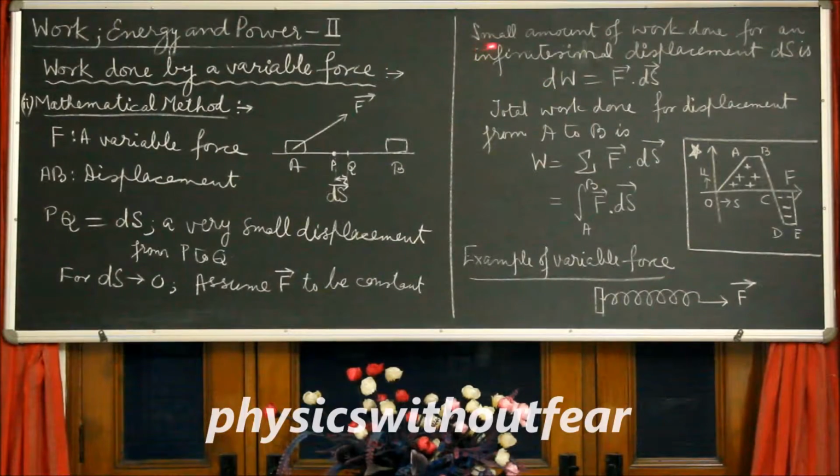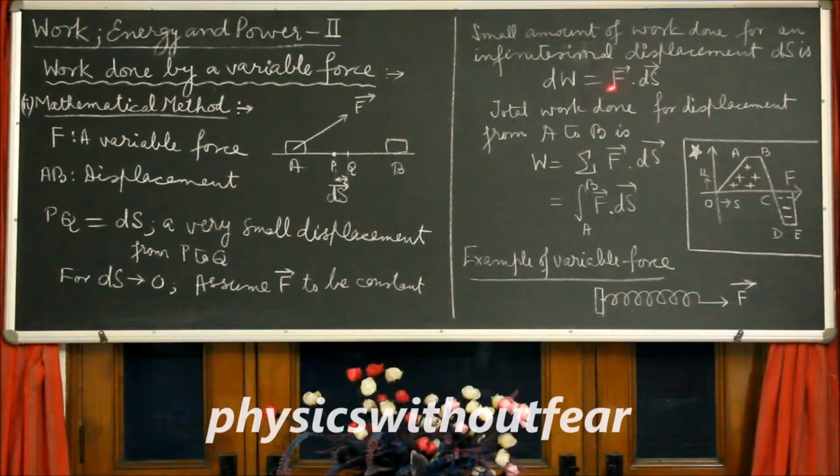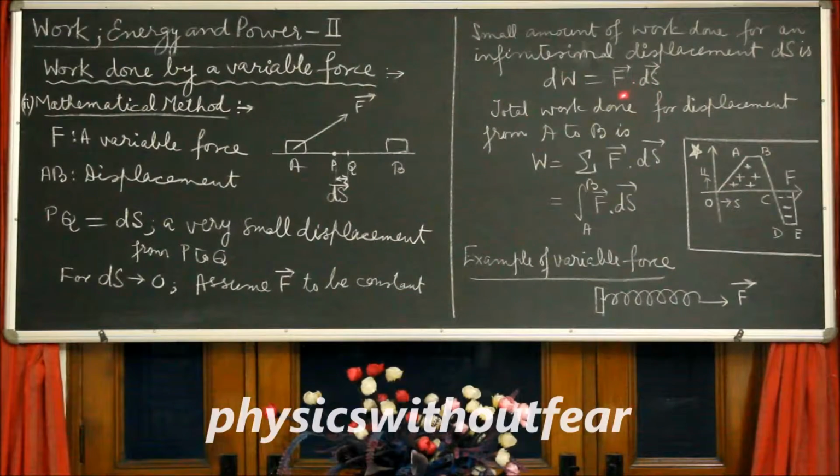We calculate a very small amount of work done for this infinitesimal displacement ds as dW equal to F dot ds, F vector dot ds vector, which means F ds cos theta, theta being the angle between the force vector and the displacement vector.